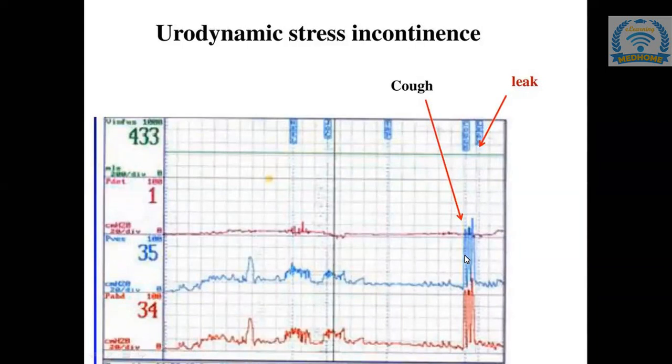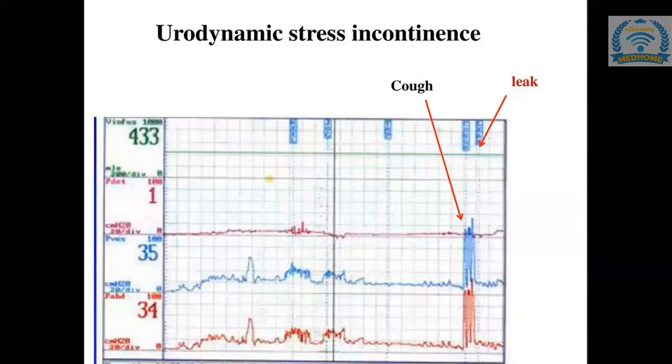Throughout the graph, the P detrusor is normal. It's constant. So there is no detrusor overactivity. That is why we are labeling this patient as urodynamic stress incontinence, because with cough the patient leaks. Yes, exactly. Excellent.